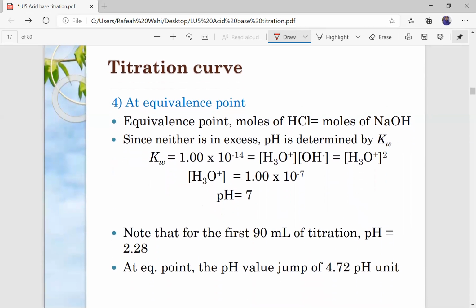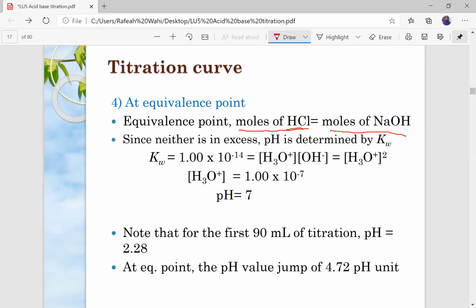Now, we know that the titration needs 100 ml of NaOH to reach the equivalence point. Just now we did calculations for the addition of every 10 ml of NaOH until 90 ml was added. So what happens when we add 100 ml of NaOH to the analyte? The equivalence point happens. At the equivalence point, the moles of HCl equal the moles of NaOH.